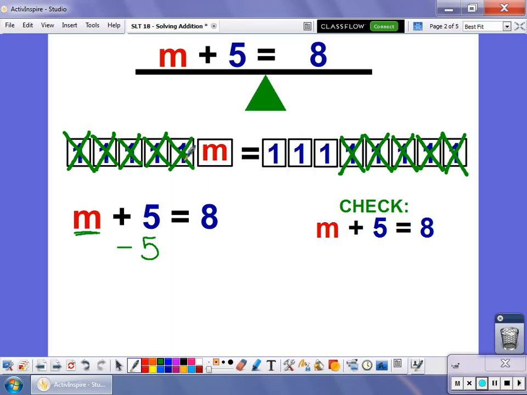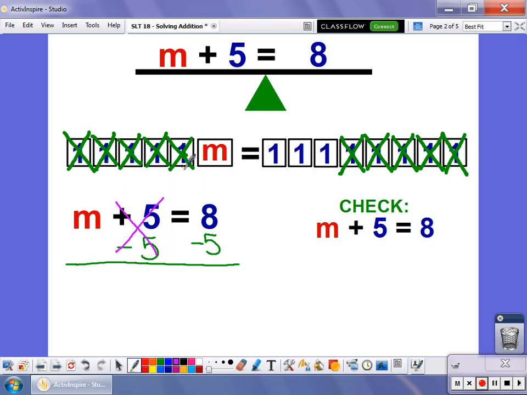Now, the last step was that whatever you do on one side of your equation, you have to do on the other side to keep it balanced. Since I took away 5 here, I have to take away 5 here. So on the other side of the equal sign, I'm also going to take away 5. Now if we look back at our picture, I had M plus 5. When I take away those 5 things, they kind of cancel out.